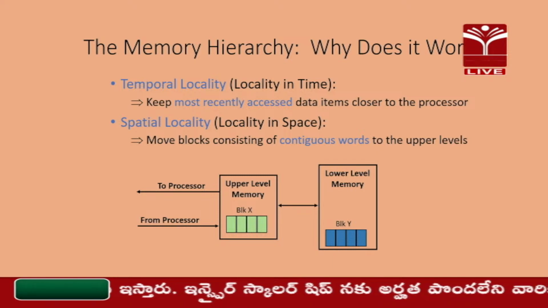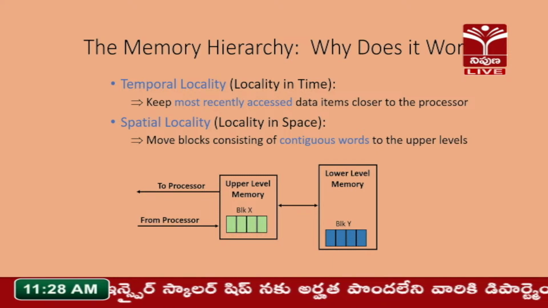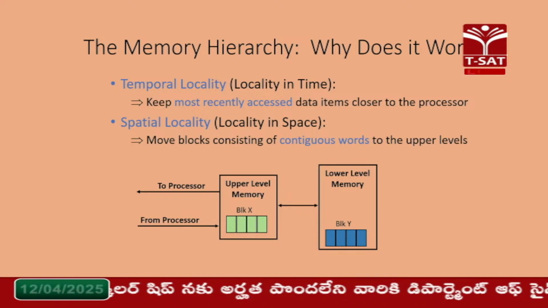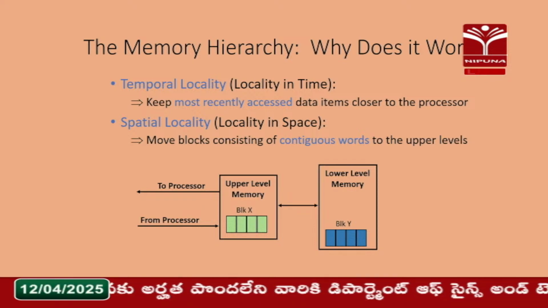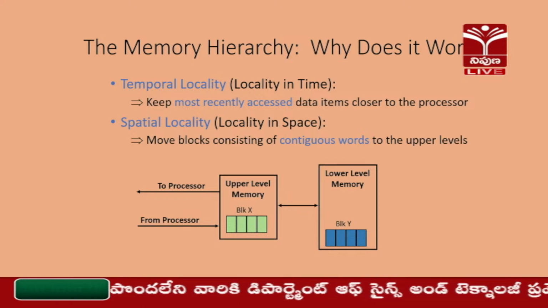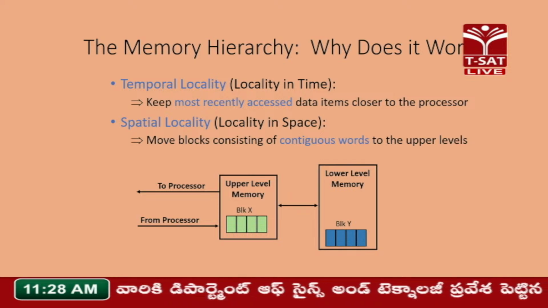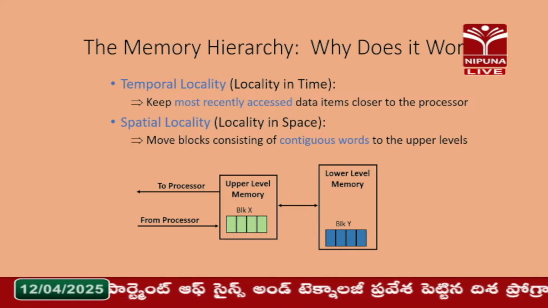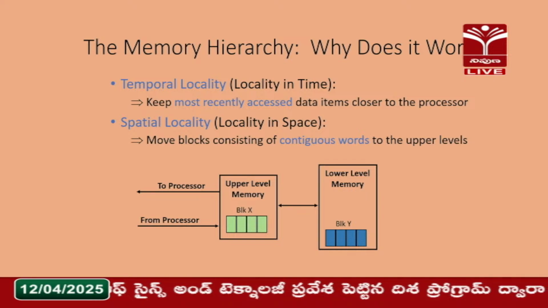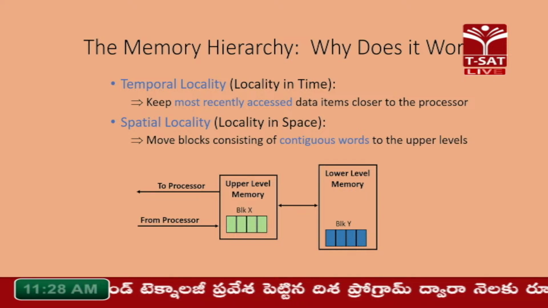There are two aspects to the program and the instruction set architecture and the way the instructions flow in the CPU. Right? There is something called temporal locality and spatial locality. Temporal locality means locality in time. It's about the time concept.